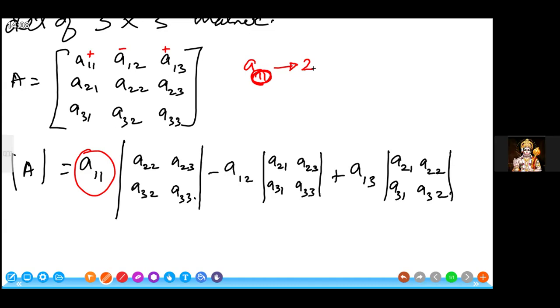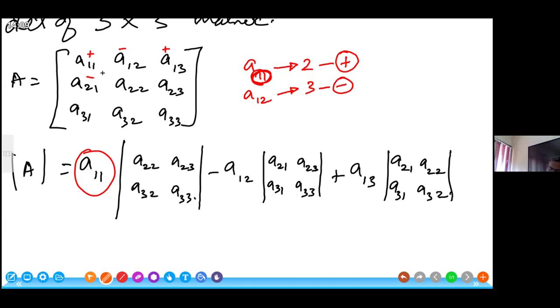Even number. Yes, even numbers give plus. A12: what is the addition of 1 plus 2? It's 3, an odd number. So it gets a negative value.